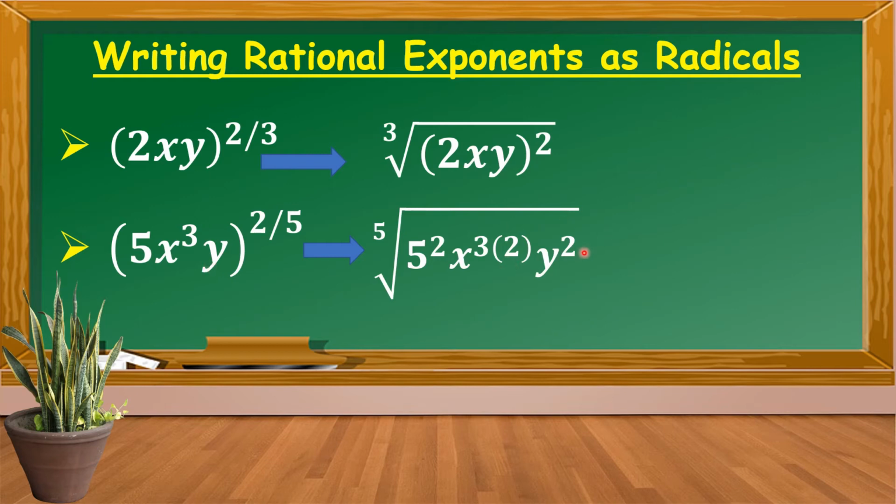Then copy y and put the 2. What is our final answer? That would be the 5th root of 25. Why 25? Because 5 squared, or 5 times 5, is 25. Then x to the power of 6. Why 6? Because we multiply 3 times 2. Then y squared. So, again, our answer is the 5th root of 25x to the power of 6 y squared.